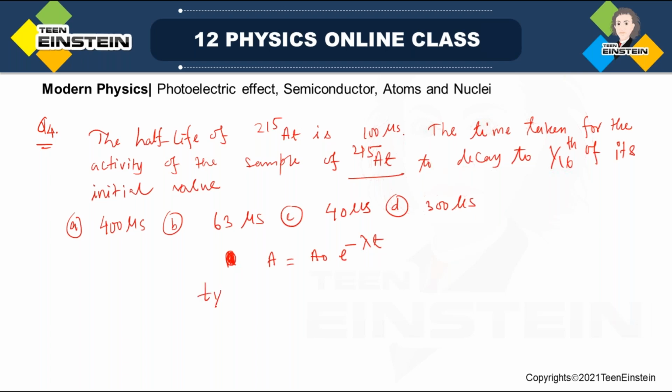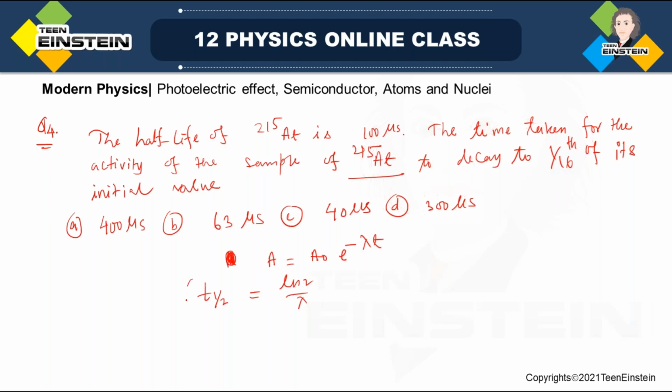Again, we know t half is equal to ln2 by lambda. So if we want to get the time, let us first put the lambda, because lambda is not given, so you can put the lambda from here to here.